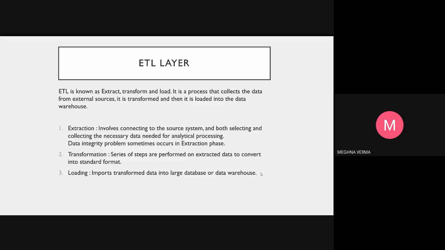It is nothing but a series of steps performed on extracted data to convert it into the standard format. A format is already specified, and the extracted data is converted into that specified format through a series of steps. And the last is loading. In loading, it imports the transformed data into a large database or warehouse.